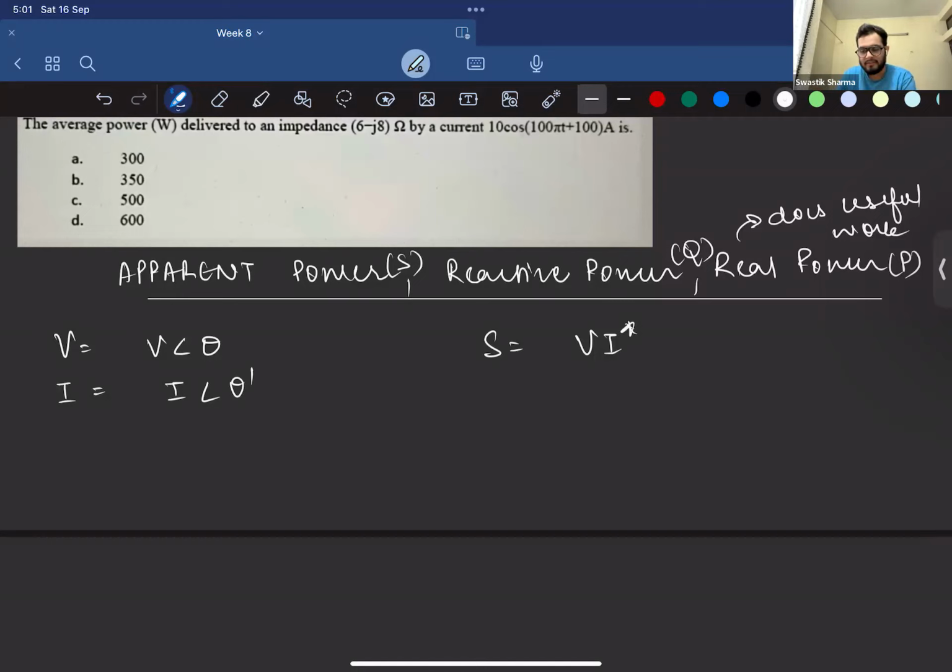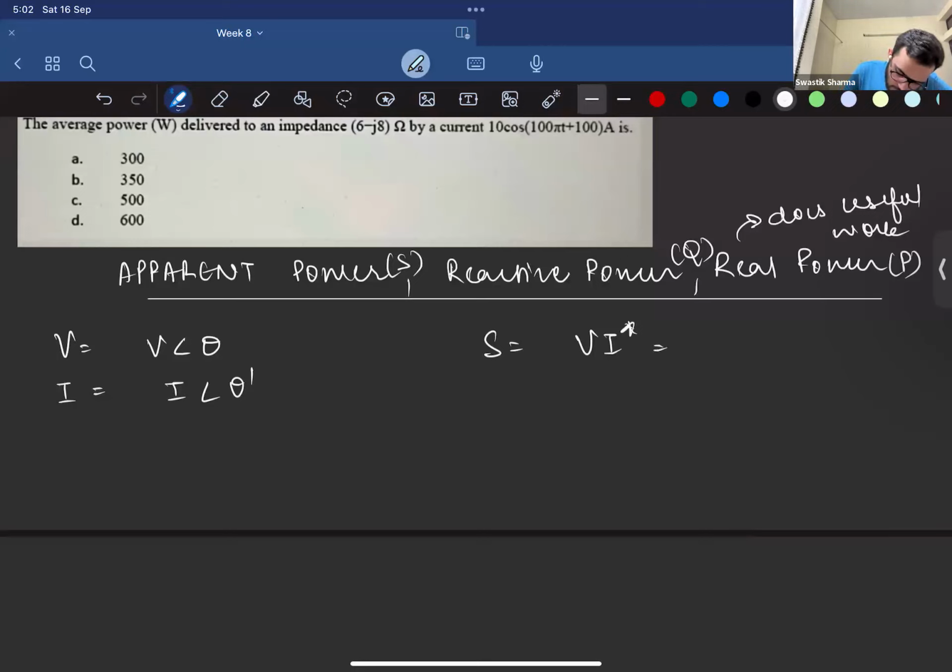So we can do either V star I or VI star, both of which are applicable, but do remember what reference you're going to take. It's all about taking a reference. As a thumb rule, generally everyone takes VI star, so that it's the reference value.